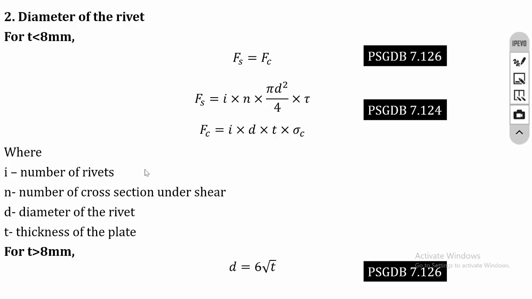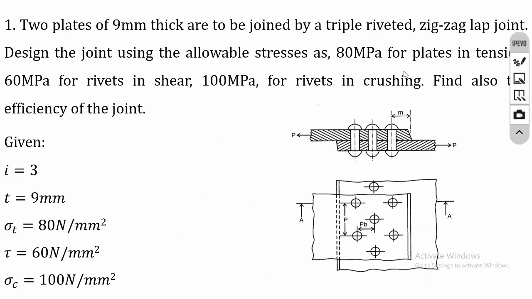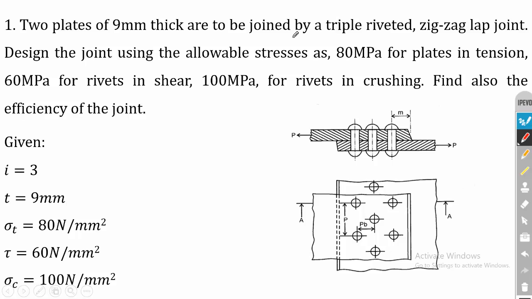Now I'll tell you how to take the values from the data book with the problem. The first problem is: two plates of 9 mm thick are to be joined by a triple riveted zigzag lap joint. Triple riveted means the number of rivets is 3, so i is equal to 3.